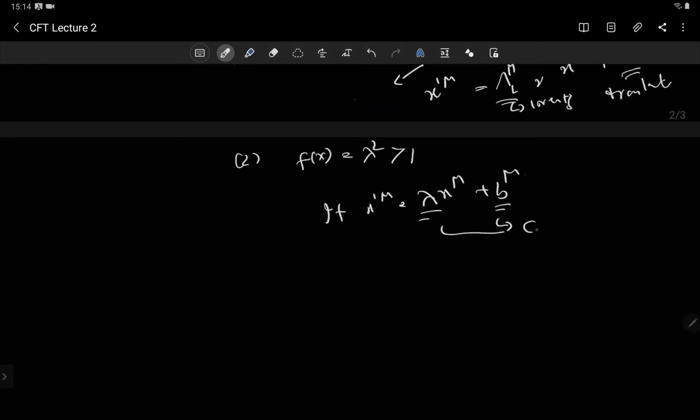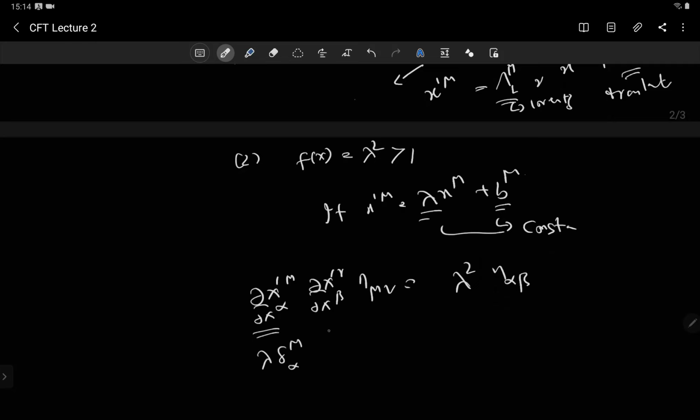Both of these are constants. Then we know that del x prime mu del x alpha del x prime mu del x beta eta mu nu is just given by lambda square eta alpha beta, because this object would be just lambda times delta mu alpha, and this will be lambda times delta nu beta times eta mu nu. So this will be lambda square eta alpha beta.